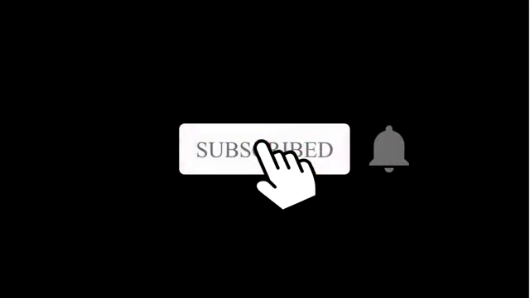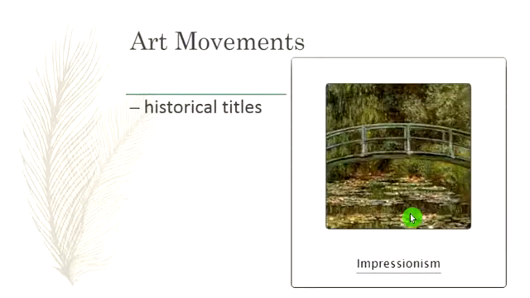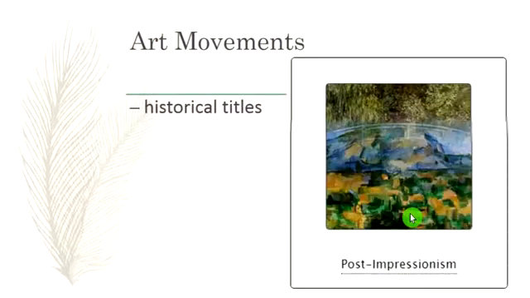Art movements are convenient terms for classifying artists of a certain period or style. They are simply historical titles, which are usually dubbed retrospectively by art critics or historians, and their titles are often witty or sarcastic nicknames pulled from a review. For example, this is Impressionism.